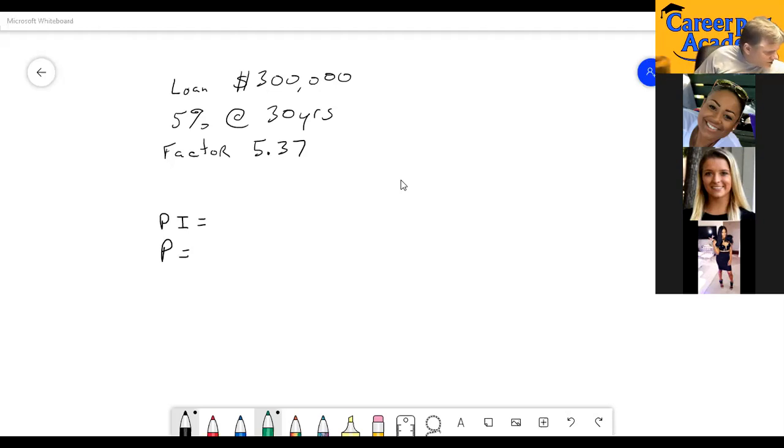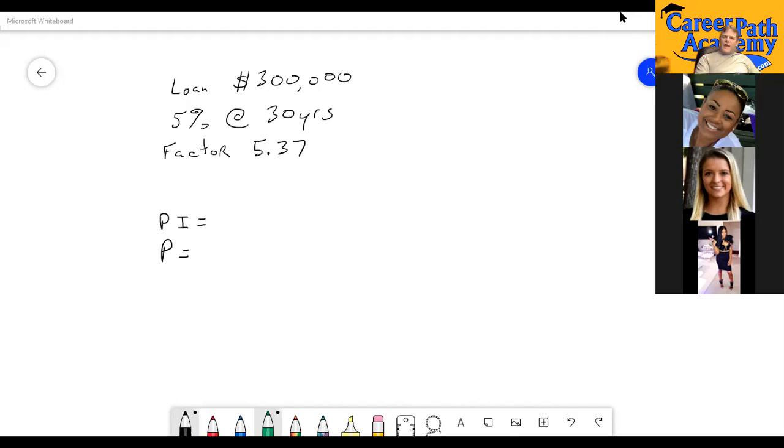First you have to figure out how much the monthly mortgage payment is. I'll start working that part on the board as well in case anybody was confused about this at all.